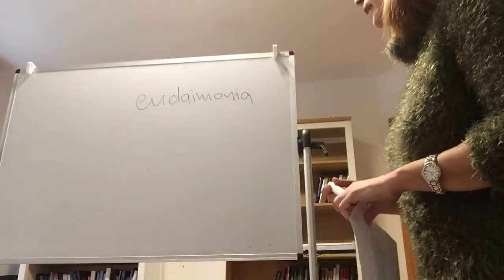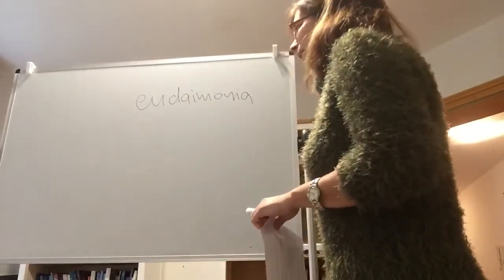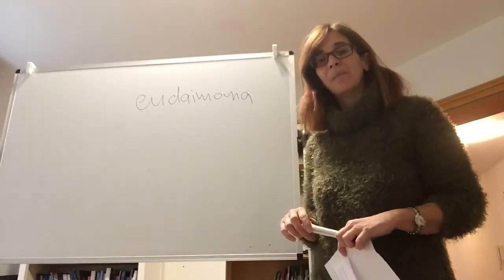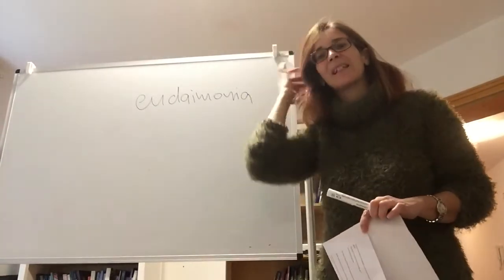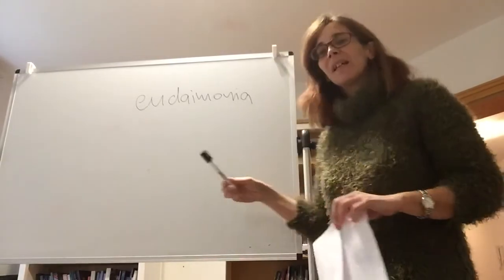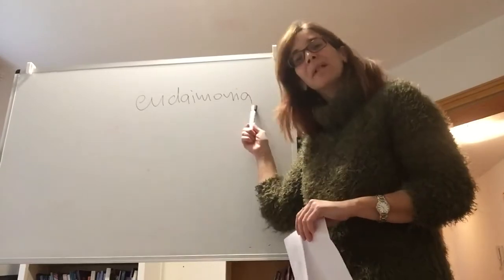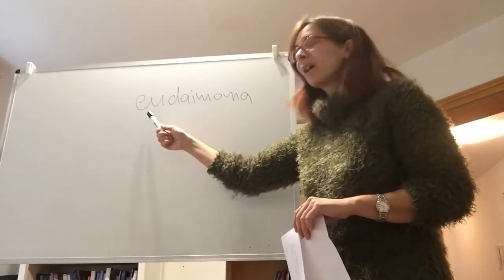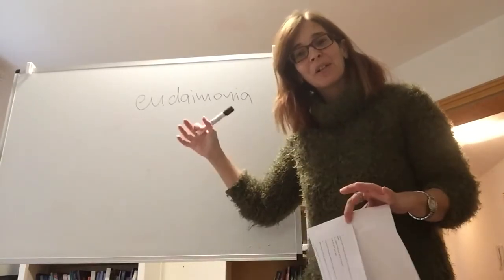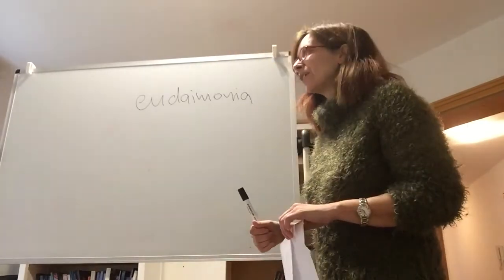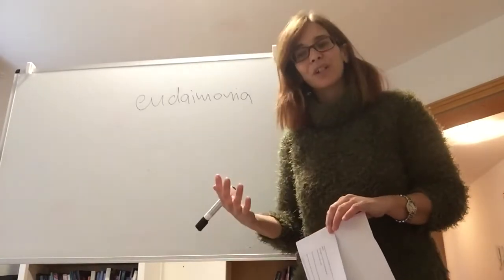Eudaimonia is an ancient Greek word. We're using the original ancient Greek word because there are huge problems with translating this term. Directly, in ancient Greek, it means a positive demon. Therefore, it means some kind of positive supernatural influence in your life so that you live a life of good fortune.